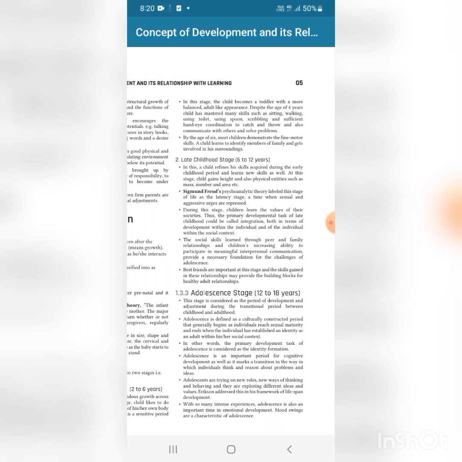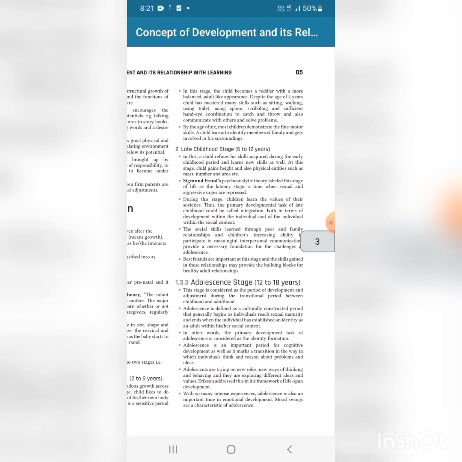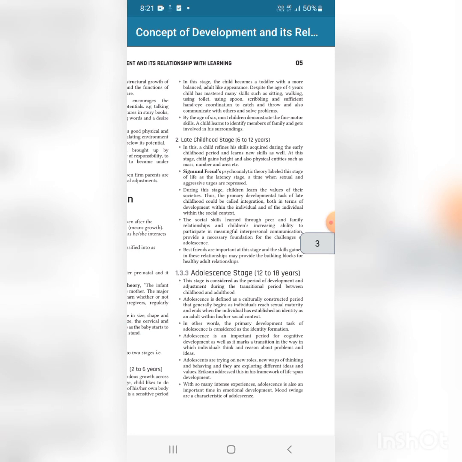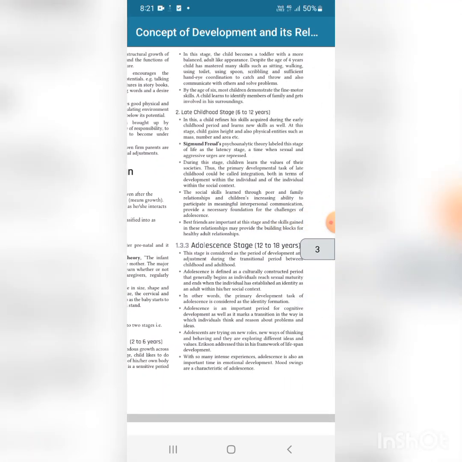By the age of 6, most children demonstrate fine motor skills like bicycling, running, jumping, and all kinds of activities such as painting, drawing, etc. A child learns to identify members of the family and gets involved in his surroundings. A rapid cognitive development is shown in this period as compared to the infancy stage.